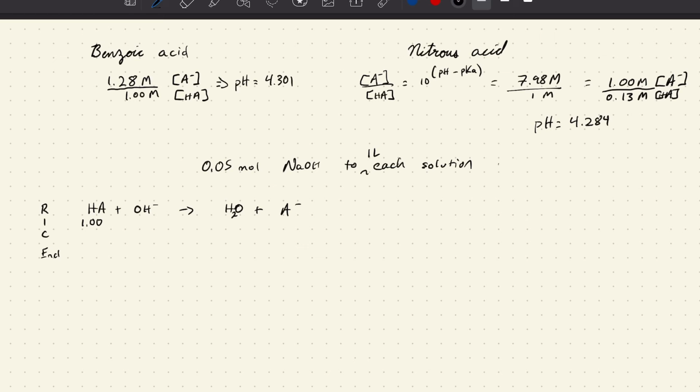So 1 mole HA, I'm going to add 0.05 moles sodium hydroxide. This is for the benzoic acid. And then I have 1.28 moles of the anion to start with. And we know that this reaction is going to go forward, and that's going to be our limiting reactant.